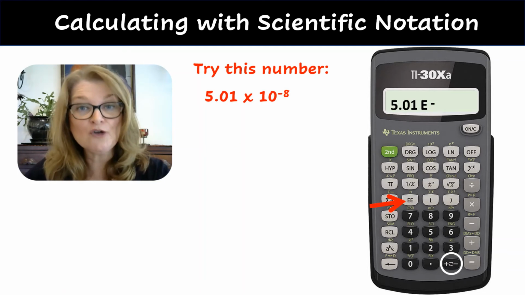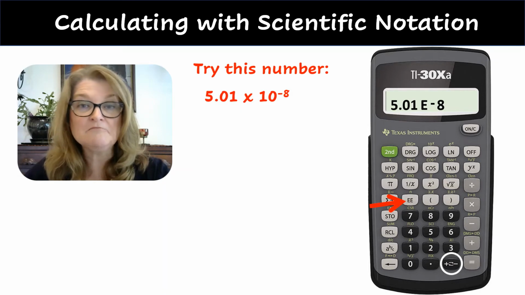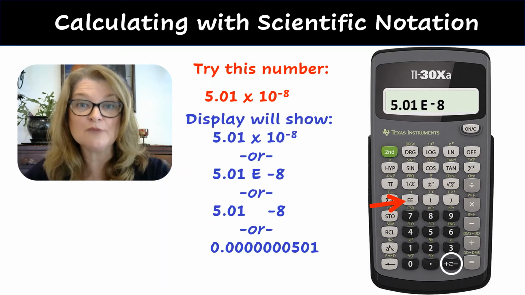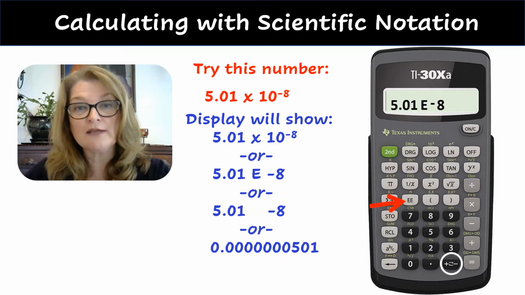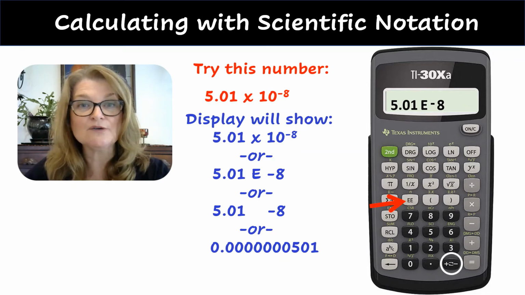Now, depending on your calculator, the brand and when it was made, you might see different things in your display right now. Your display might actually show 5.0 times 10 to the negative 8. Or it might be like the calculator that I have on the screen, and it says 5.0E negative 8.